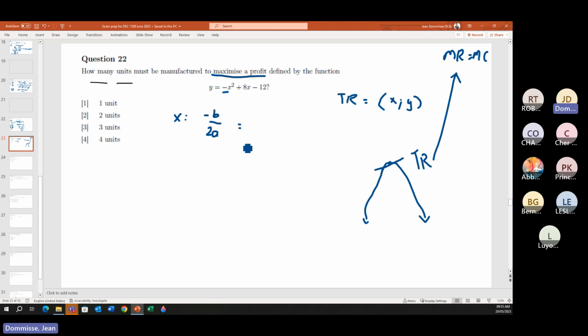So minus B is then minus 8 over 2A, so 2 times minus 1. So it is 8 divided by 2, or minus 8 divided by minus 2, which gives us 4. And that is actually your answer.